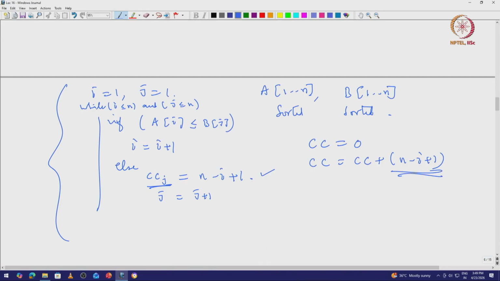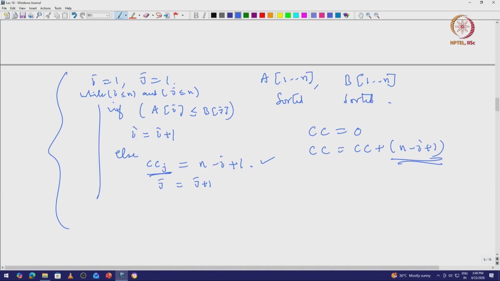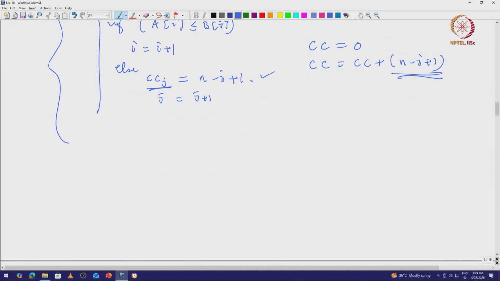Therefore, it is just a merging routine. I equals 1, j equals 1, cross count equals 0, while I is less than or equal to n and j is less than or equal to n.